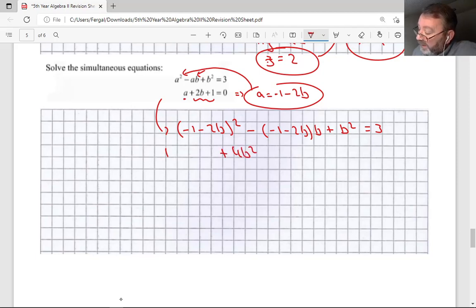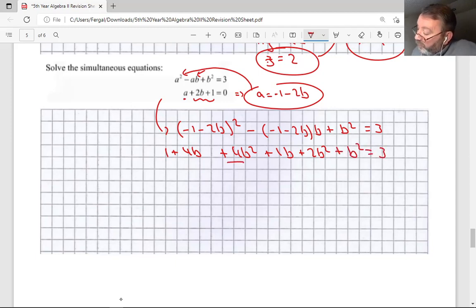Multiply the two of these together to get 2b. Double the result, 4b. Okay. Over here, we end up getting minus by minus 1 is plus 1. Plus 1 times b is plus 1b. Minus by minus is plus 2b by b is plus 2b squared. And then plus b squared equals 3.